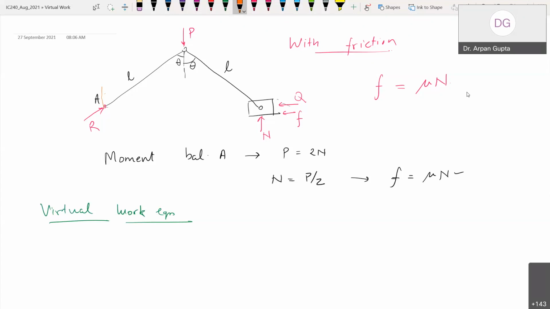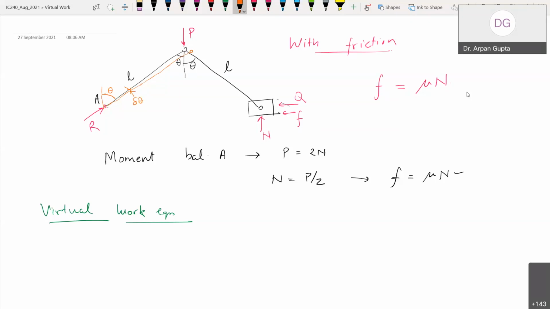So now this is an angle theta, and now we give a very small displacement, again imaginary displacement. We assume that there is an imaginary displacement by delta theta, and this point moves to something like this. So now we are giving it a small displacement delta theta.